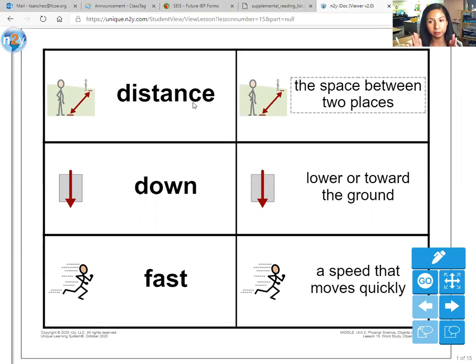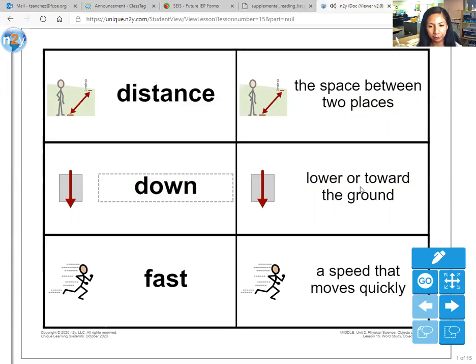Now, it could be two close places, like the distance between me and the table over there is just a few feet. Or it could be the distance between something far, like two towns that are far apart, like maybe the distance between Reedley and Fresno, or Reedley and San Francisco. Big distances, okay?